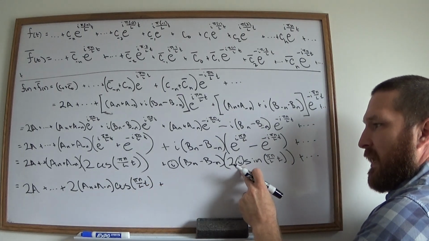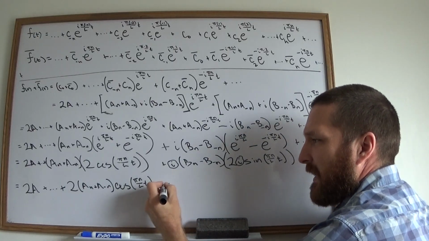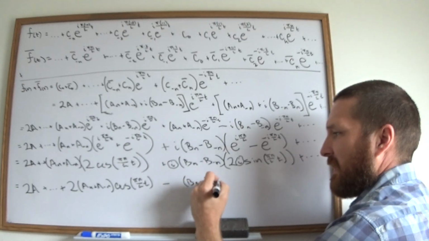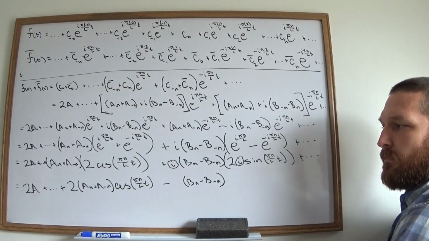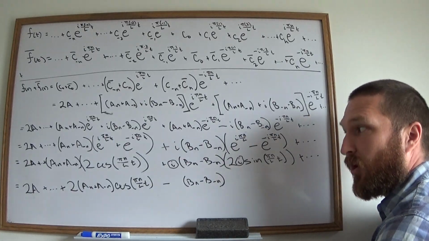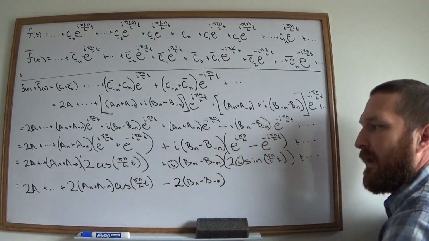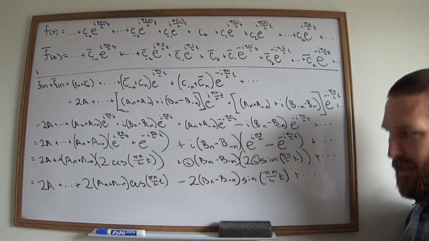I said that the i and the i is the same thing as a negative 1, so I'm going to write that as minus. The bn and the b negative n is just some real number. Don't care what it is. But it's a real number, because the i is gone now. The 2 comes out, like that. I'm just going to put them out front. So now let's take a step back and look at this thing.